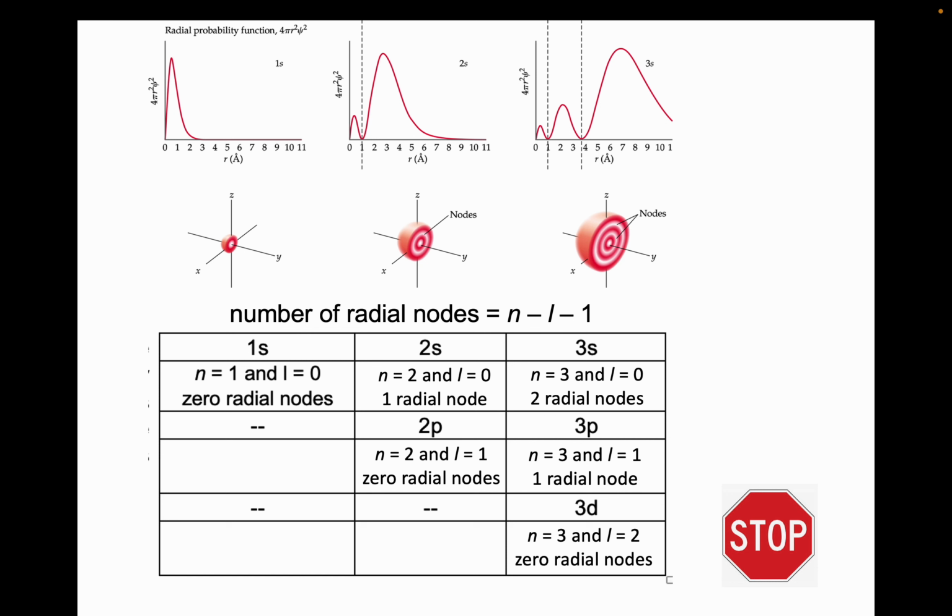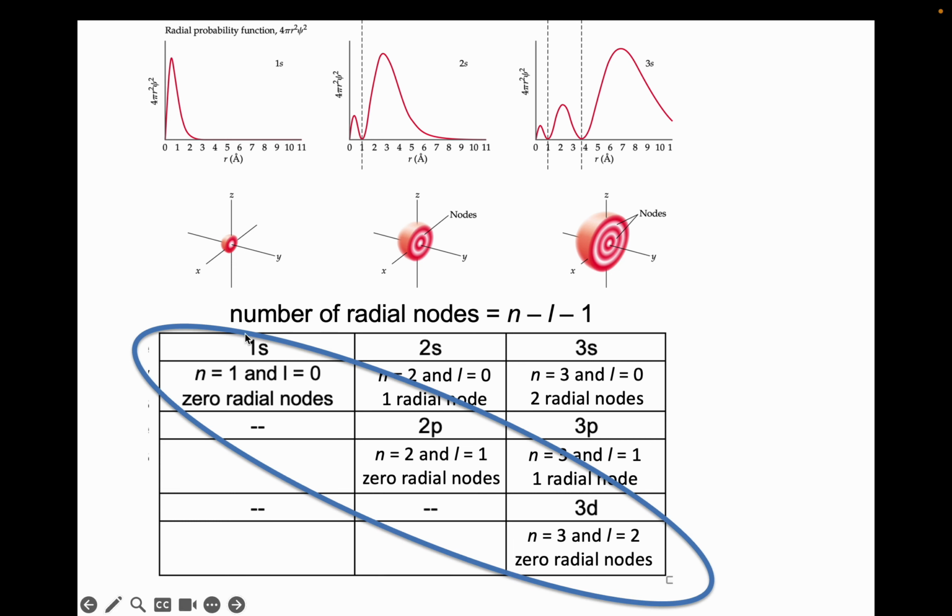So I've listed the n value and L value for each of the different atomic orbitals. What we find is the first time I have an s orbital, it's a 1s. The first time I have a p, it's a 2p. The first time I have a d, it's a 3d. The first time that I have a particular type of atomic orbital, there are no radial nodes present.